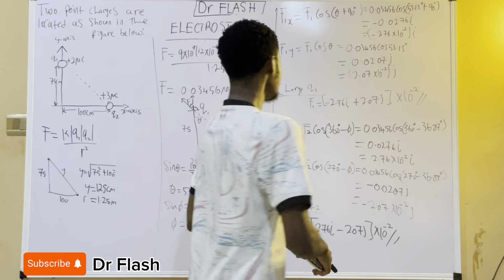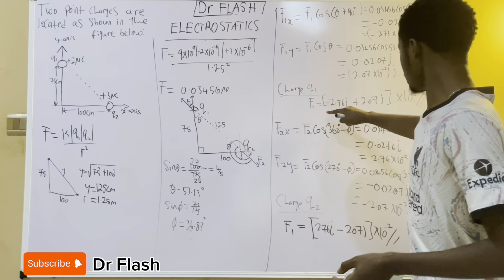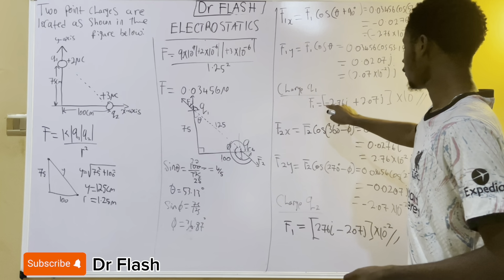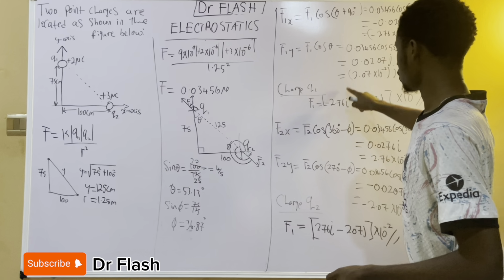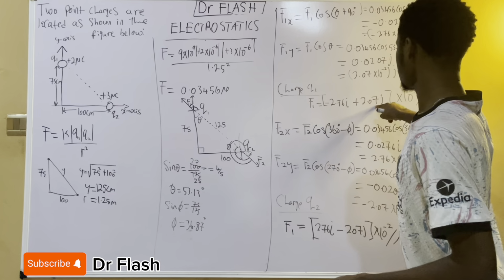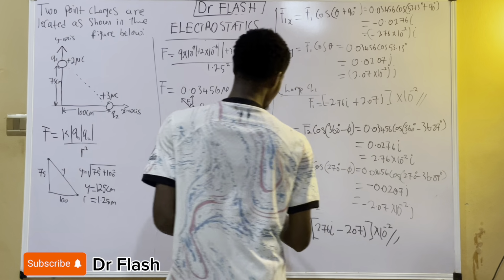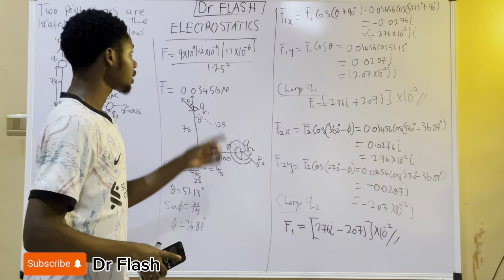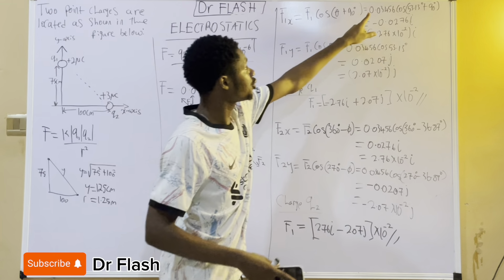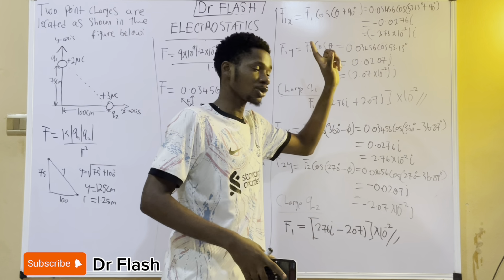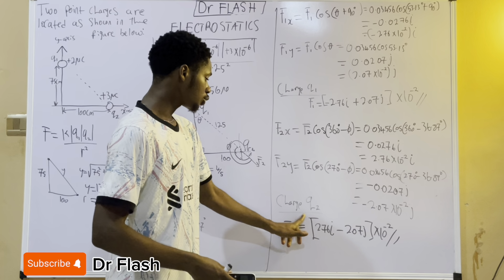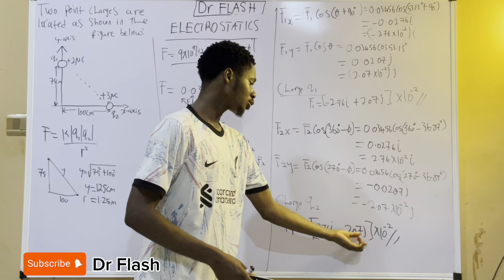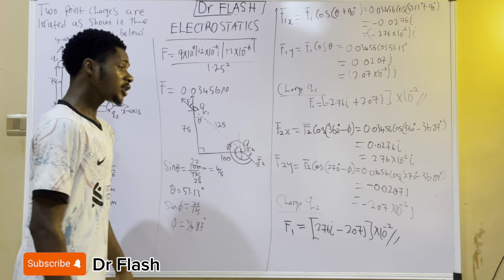Now, when I take the magnitude of this answer, the square root of 2.76 squared plus 2.07 squared, the square root of the sum of the squares, I will get the same value of F1, which is 0.03456. And when I do this for Q2, I get the same value as well.